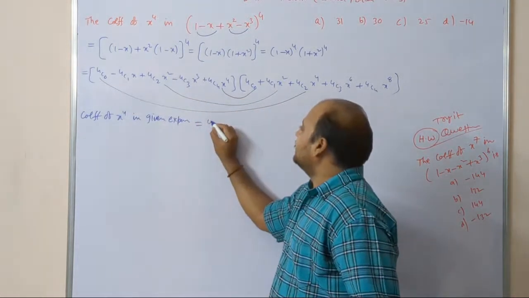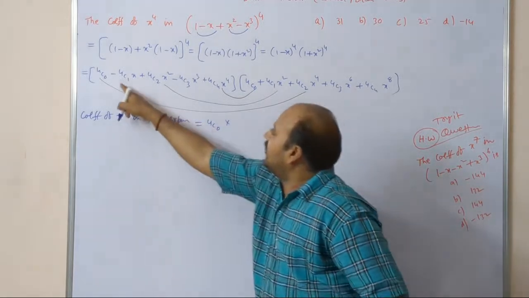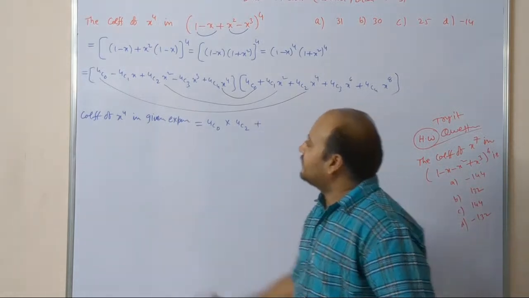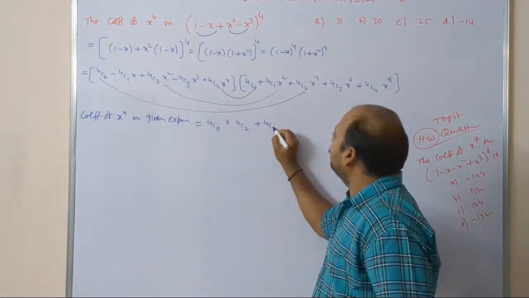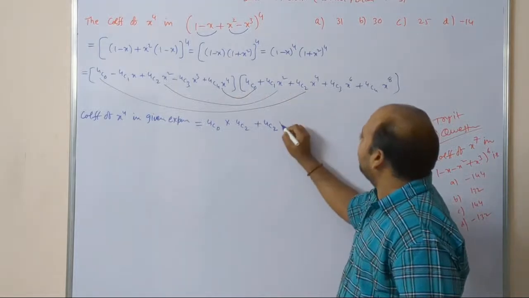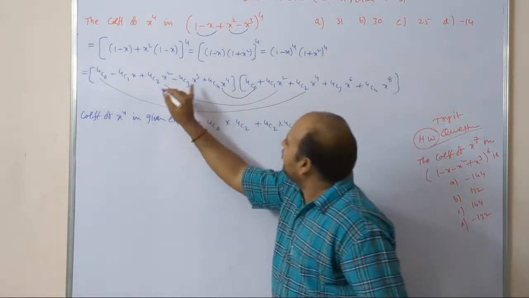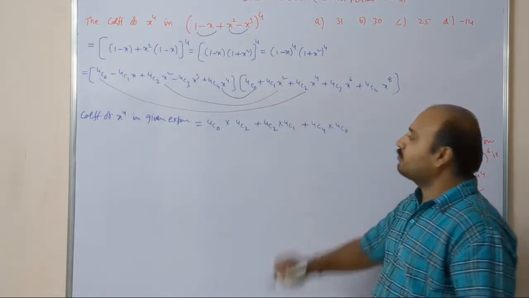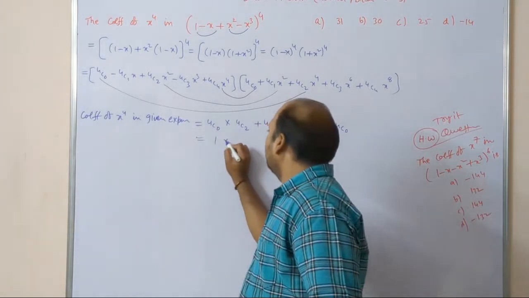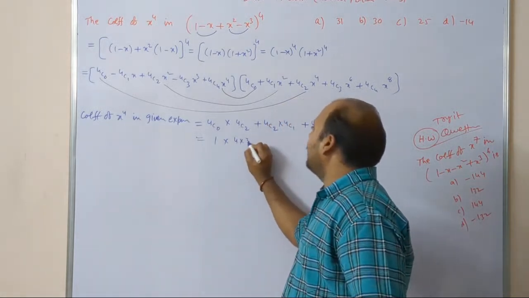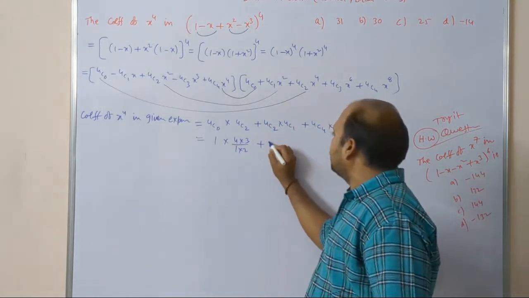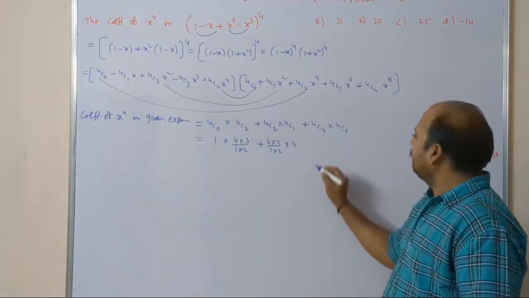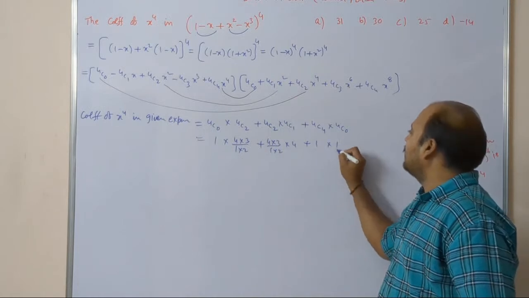First, 4c0 into, for this multiplying with this, 4c2, plus next, here 4c2 with 4c1 into 4c1, plus next 4c4 into 4c0. nC0 is 1, 4c2 is 4 into 3 by 1 into 2, plus 4c2 same, 4 into 3 by 1 into 2, 4c1 is 4, plus 4c4 is 1, 4c0 is also 1.